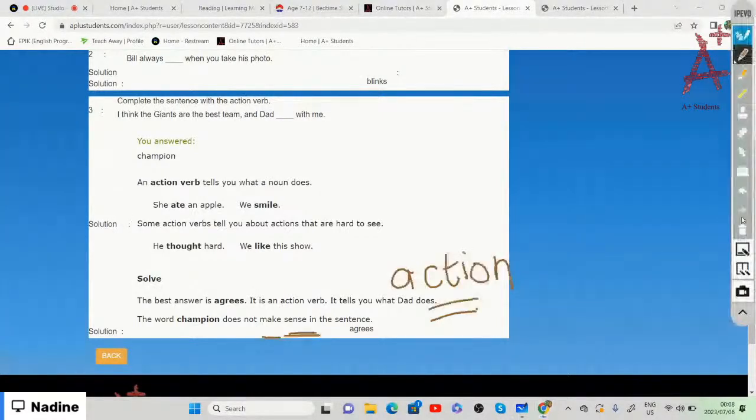An action verb shows action, and it tells us what it does. That is a verb. So, she ate an apple, right? Ate is something that she did. We smiled. Smile is something that we did, right?